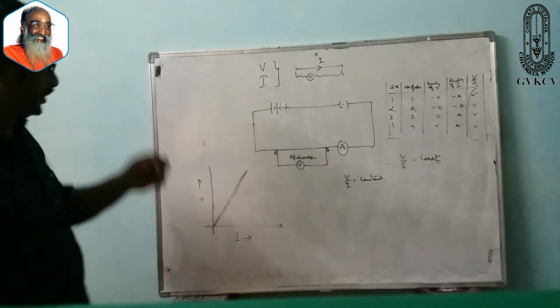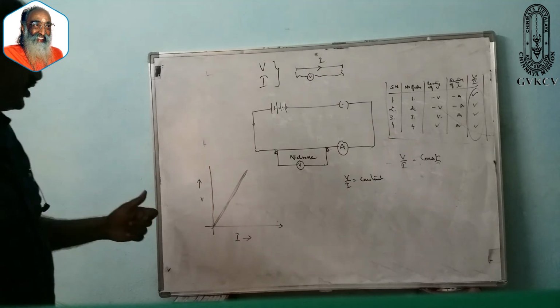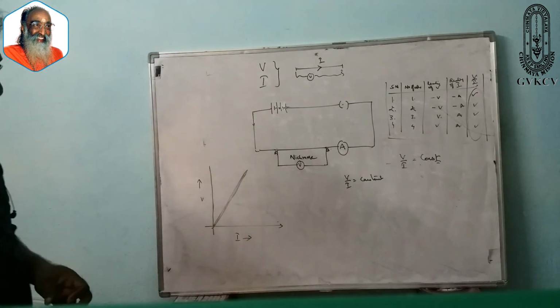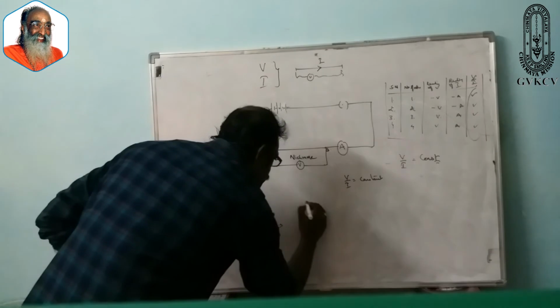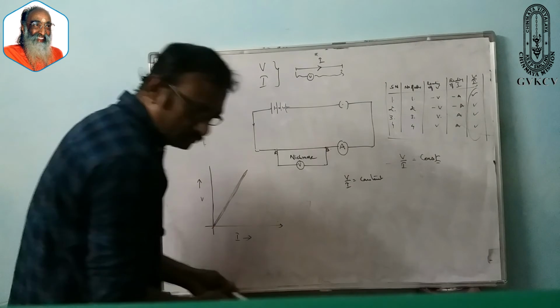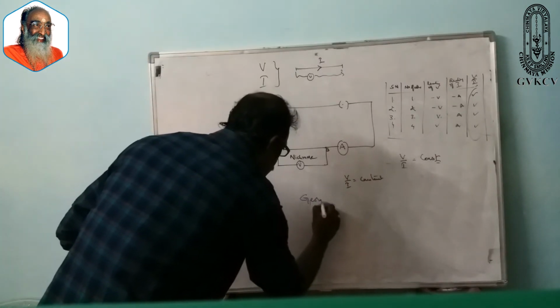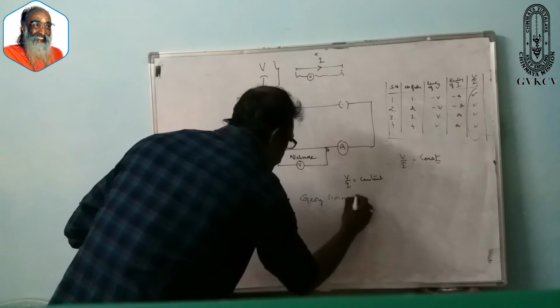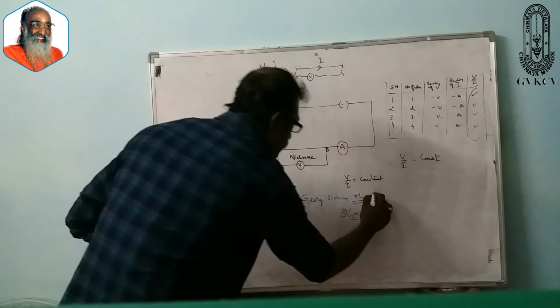This is the graph we observed, and those are the values we observed. This was observed by a scientist named George Simon Ohm, and we remember him as Ohm.